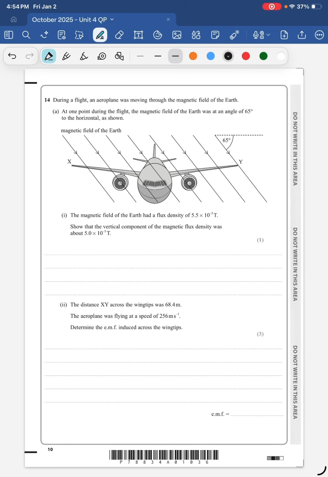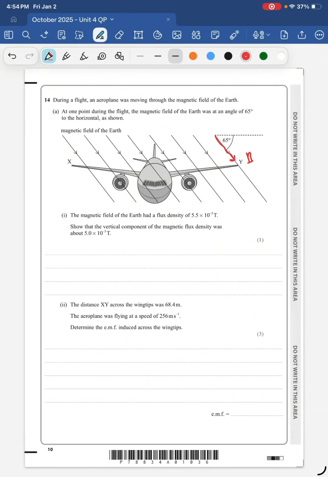The magnetic field of the Earth has a flux density of 5.5 times 10 to the negative 5 teslas. Show that the vertical component of the magnetic flux density was about 5 times 10 to the negative 5 teslas.